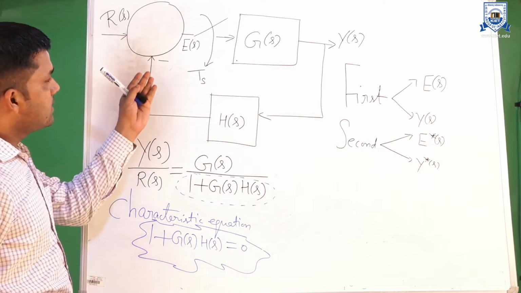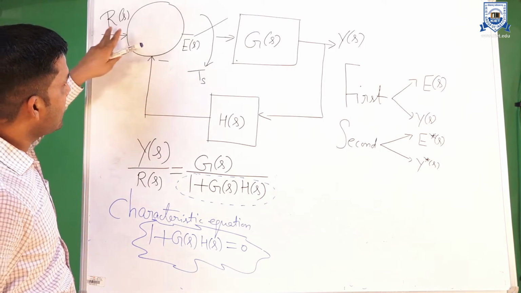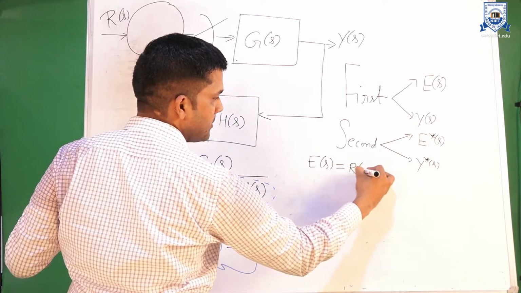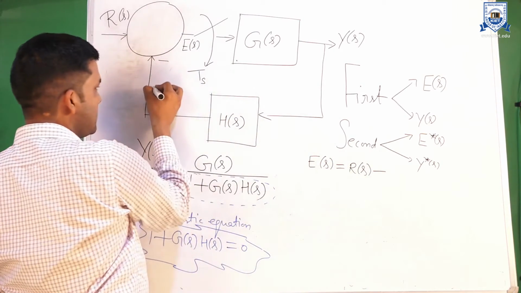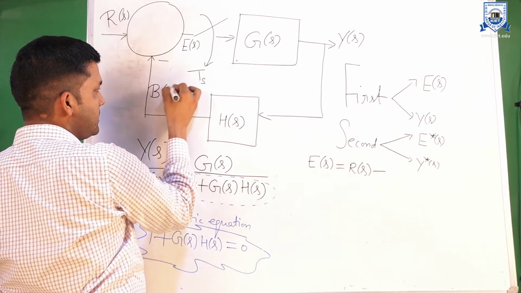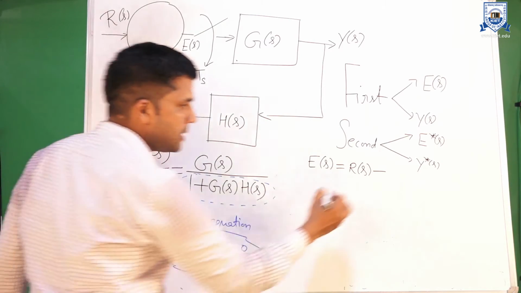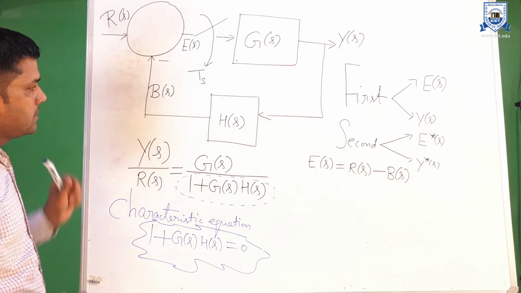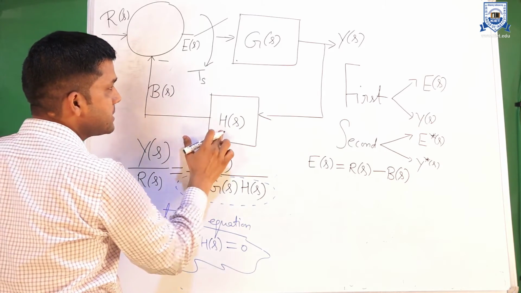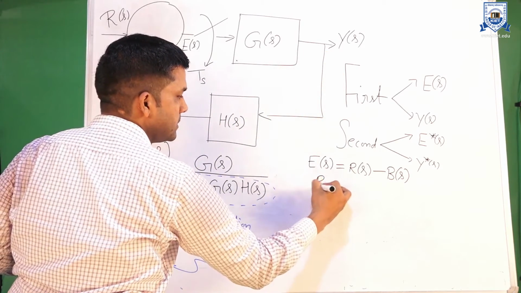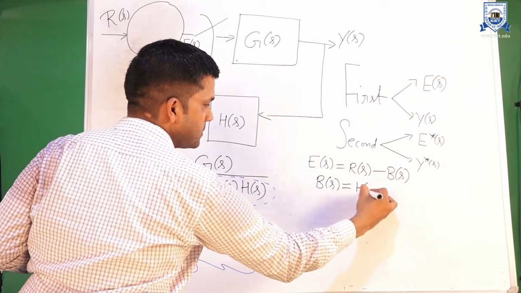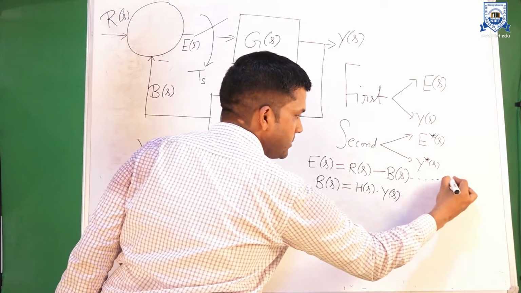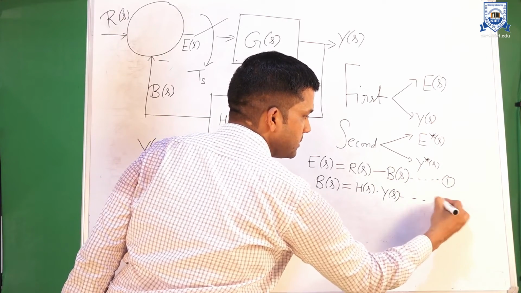For the given control system, what is E(s)? E(s) is equal to R(s) minus, let me call this B(s). So R(s) minus B(s). And what is B(s)? B(s) is equal to H(s) into Y(s). I am considering this as equation number 1 and this as equation number 2.